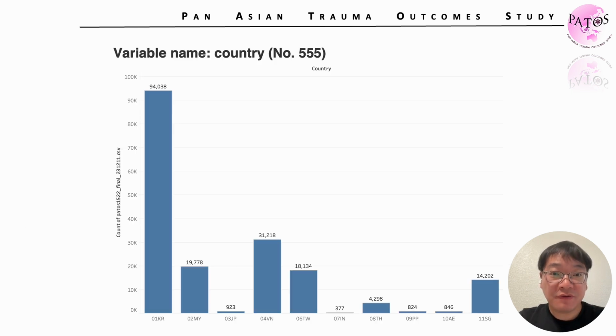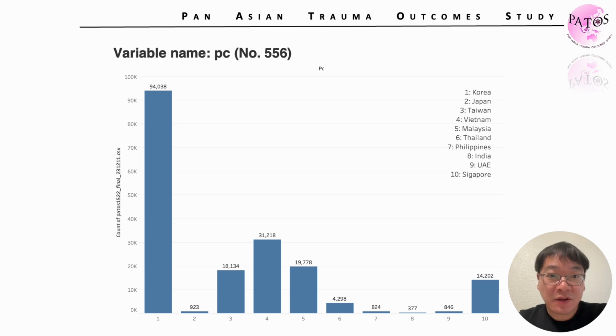This is the country variable number 555, which has 10 countries from South Korea to Singapore. And this is the participating country PC variable, which also has 10 countries. Actually, this is exactly the same as the previous slide, except for the order of each country. So you could use the country variable as well as the PC variable.